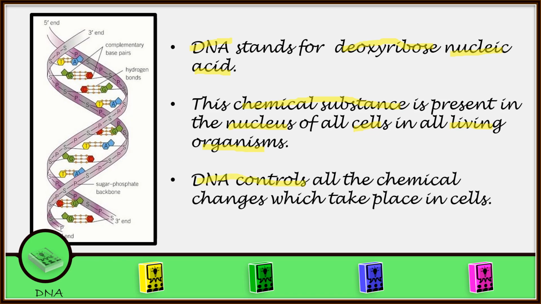DNA controls all the chemical changes which take place in the cell. All the chemical changes that take place in the cell are controlled by DNA.